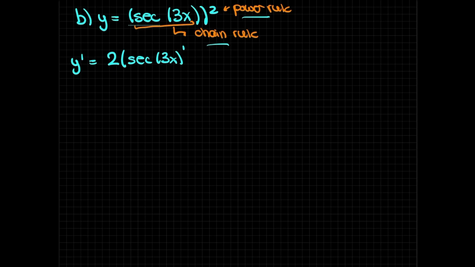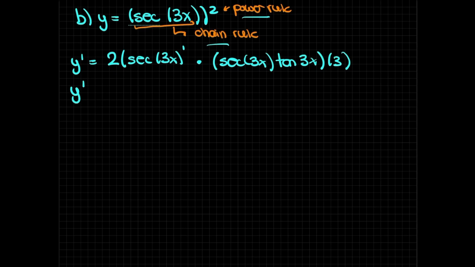And then we are going to multiply all of that by the secant of 3x times my derivative, which is tan 3x, all times the derivative of the inside, which is 3. I've skipped a few steps there, but I'm hoping by now we understand what our power rule and our chain rule mean.